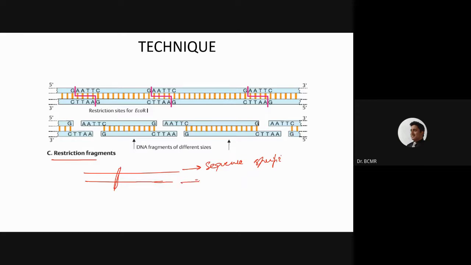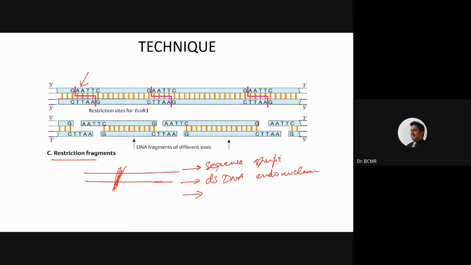First thing. Second thing is they are double-stranded DNA endonucleases. That means they will cut both the strands. The third point is that there can be different types of ends or overhangs.